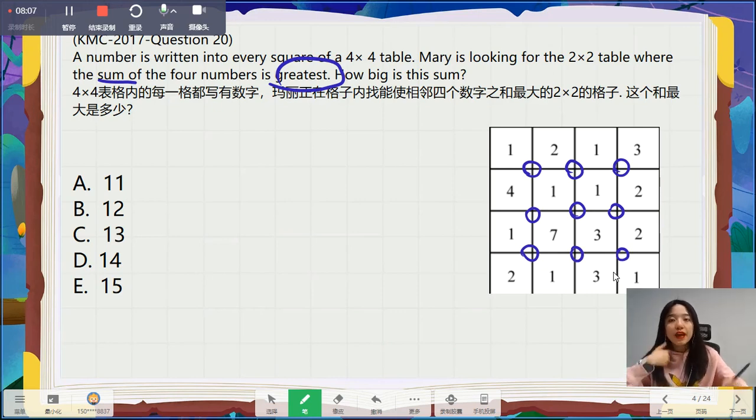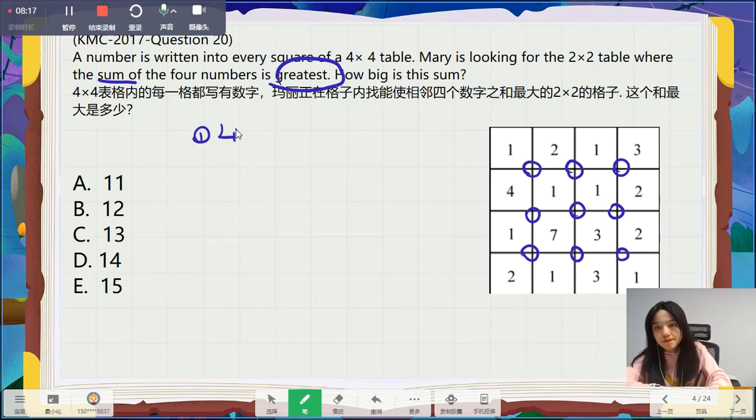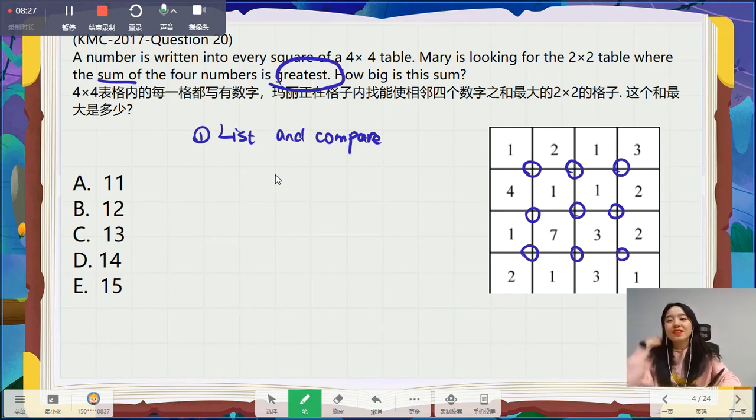That means we have at least 9 different ways to make the 2x2 table. So the first method is to list all possibilities and compare which one is the greatest. But it sounds a bit complicated. You can do that after class, but now let's do another one.